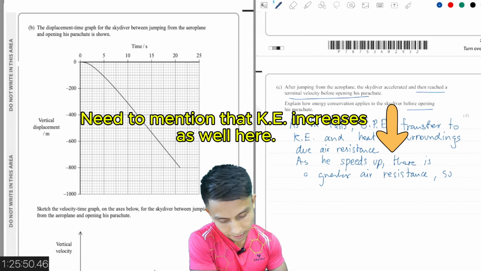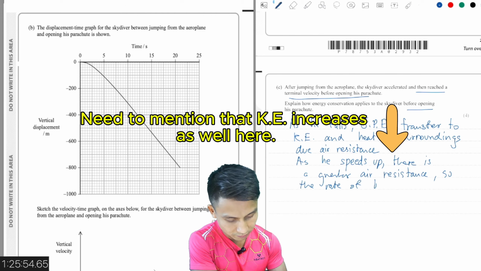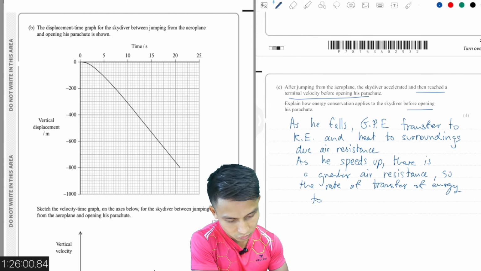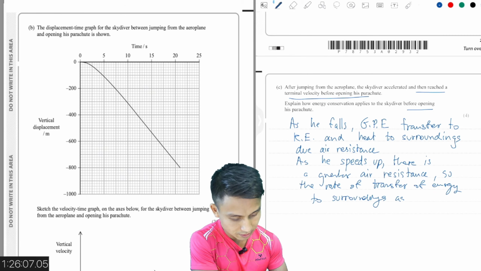So the rate of transfer of energy to the surroundings as heat is greater.